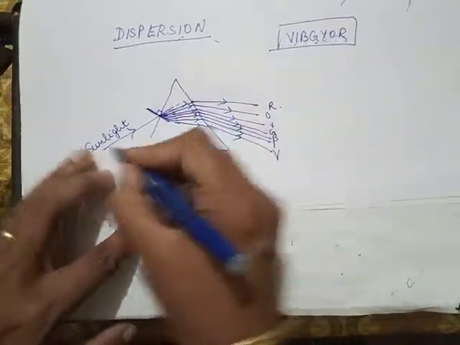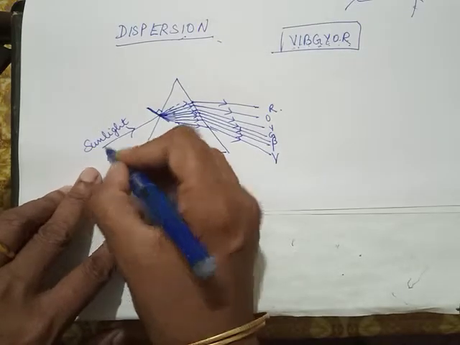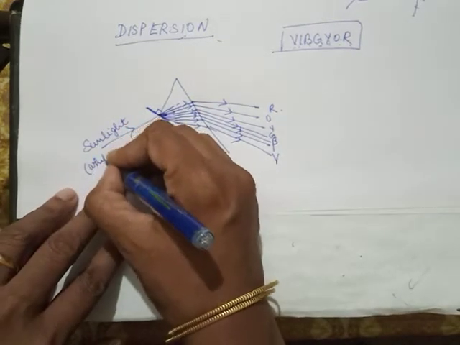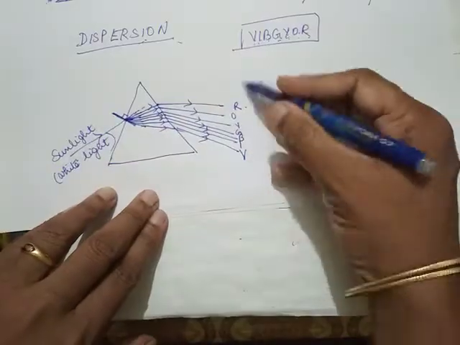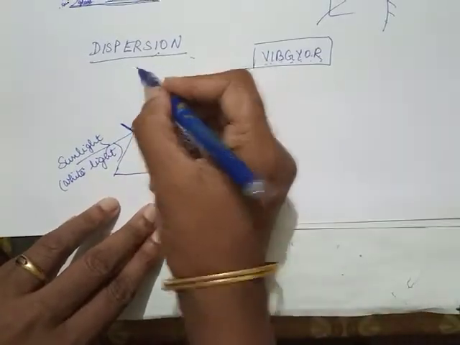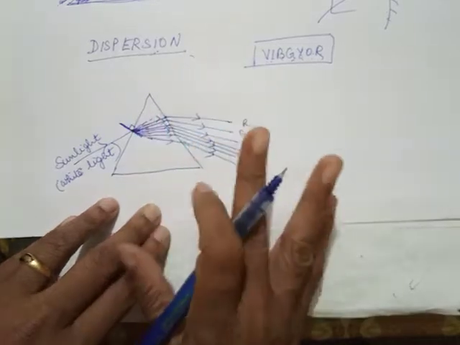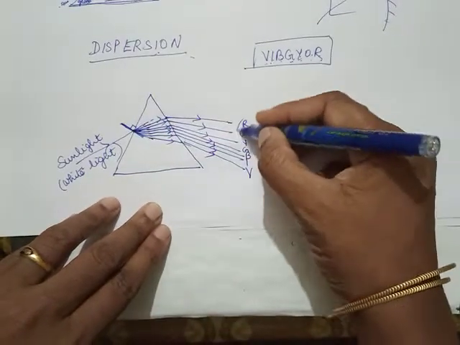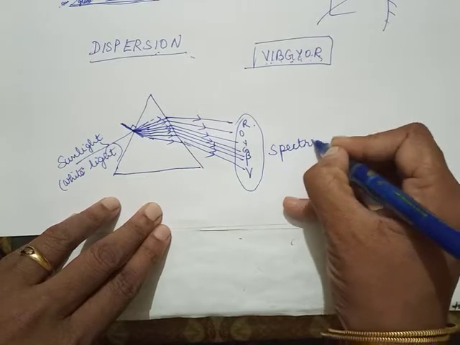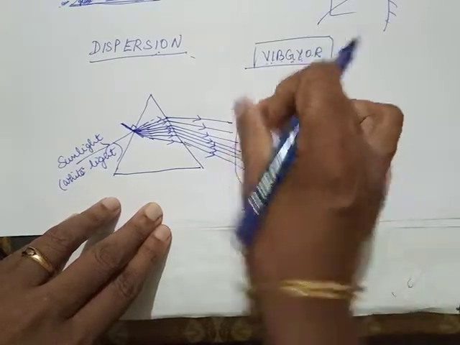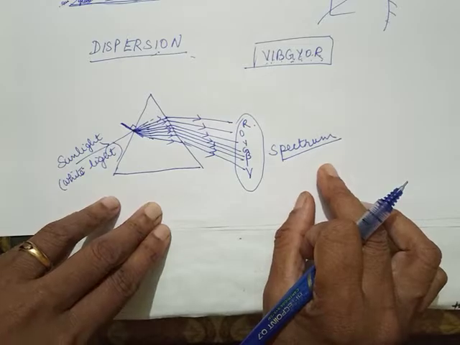A prism can split white light, sunlight is called white light, into 7 different colors. That is called dispersion, and this band of colors that are formed is called spectrum.